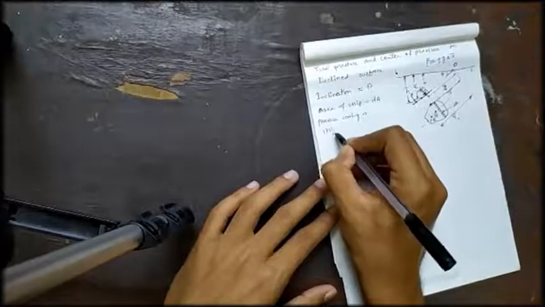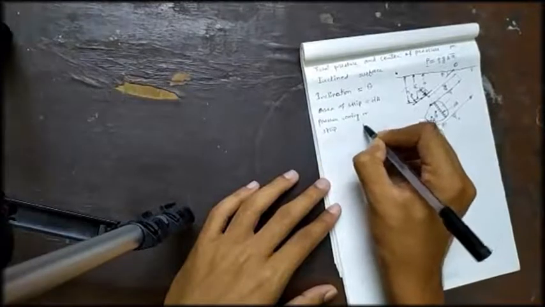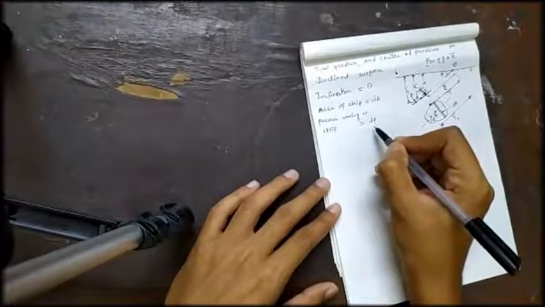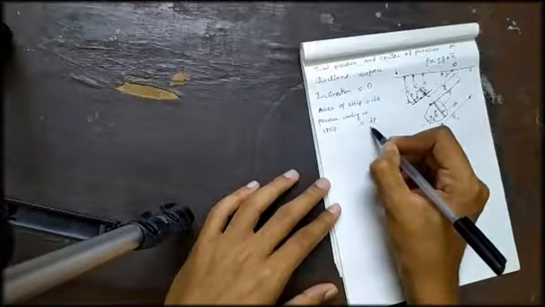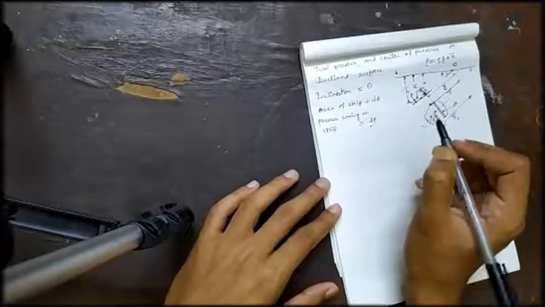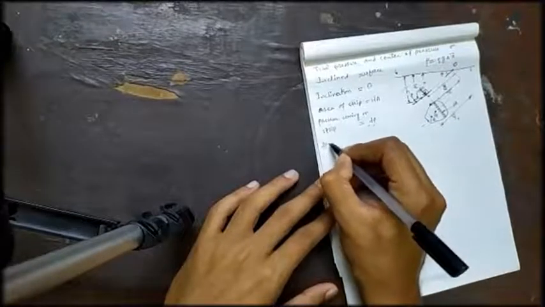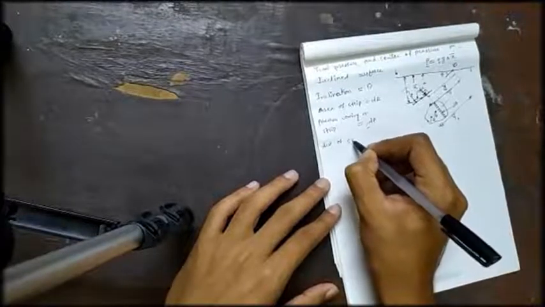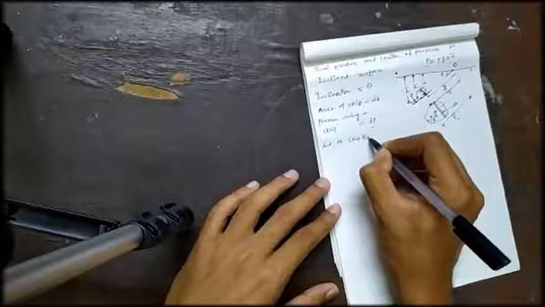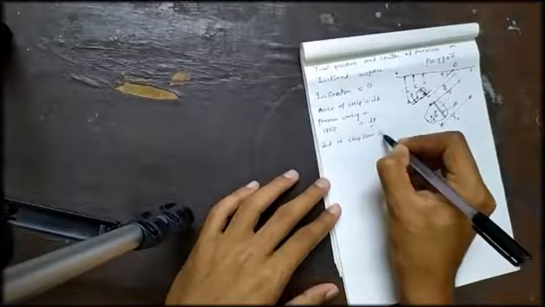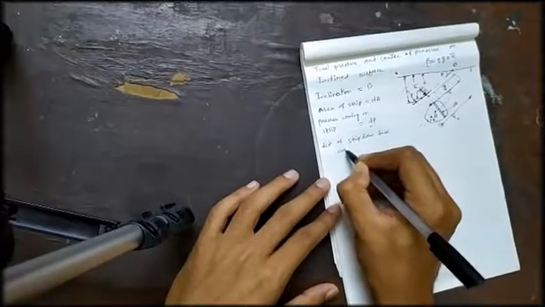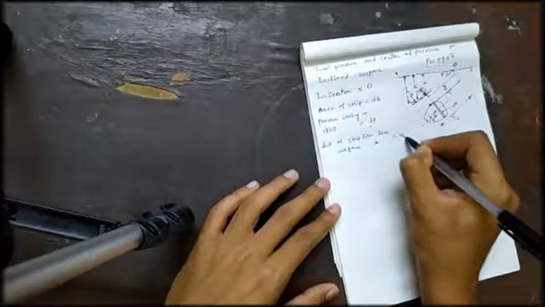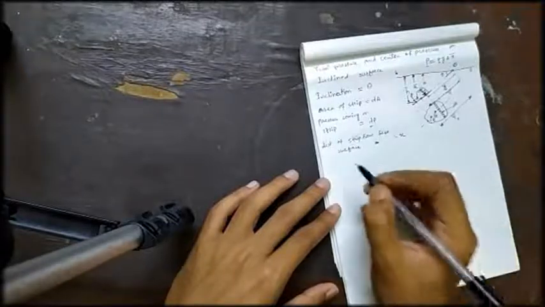The pressure coming on the strip, how much is it, that is dP. It is a small pressure force, that's why we are writing dP. Then the distance of this strip from the free surface, the vertical distance, is x.